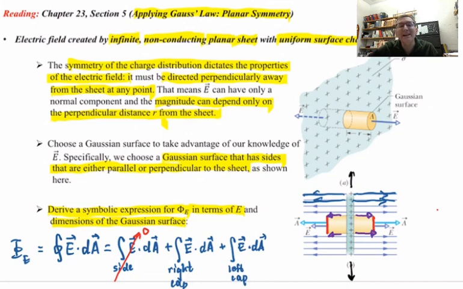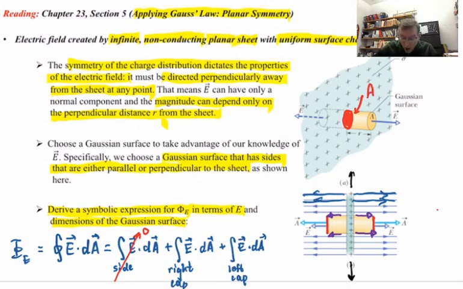Where inside that Gaussian cylinder is there actual physical charge? Do you see where it is? It's right where the Gaussian cylinder, kind of like a cookie cutter, cuts through the sheet itself, which is right there. And that's shaped like a circle of area A.